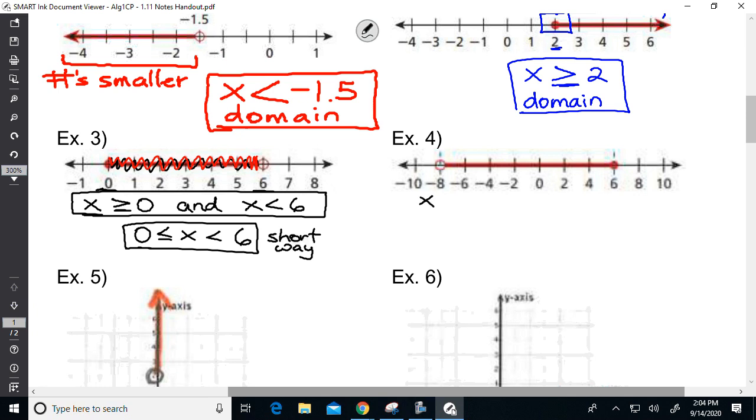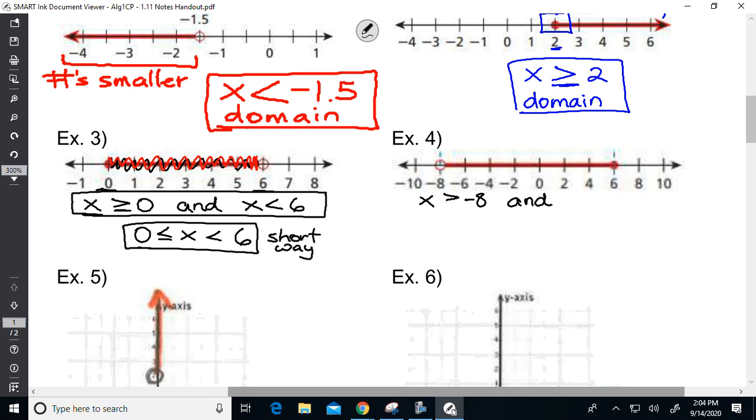So x is greater than -8. That's an open circle, so you can't put equal to. The circle has to be closed to put equal to. And we have 6. So 6 has to go in the other direction.